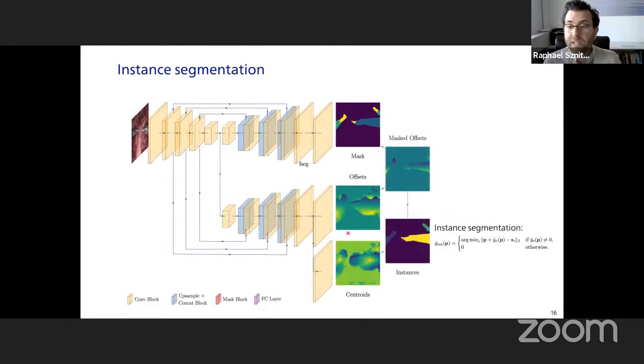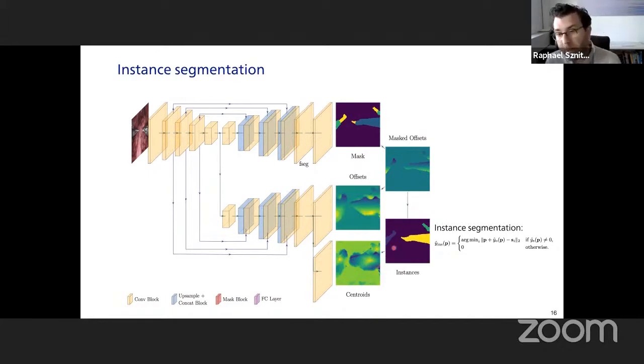From this, we can then start to think about how to bring these quantities together. On one side, we can take this and use it as a mask to combine it with the offset. This is basically just a dot product allowing for a masking effect. And then combine this with the centroid approach that we have here.